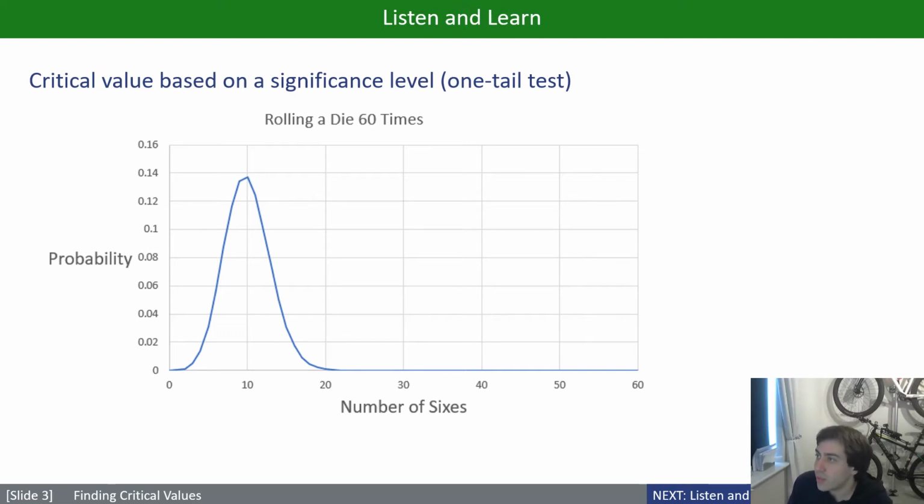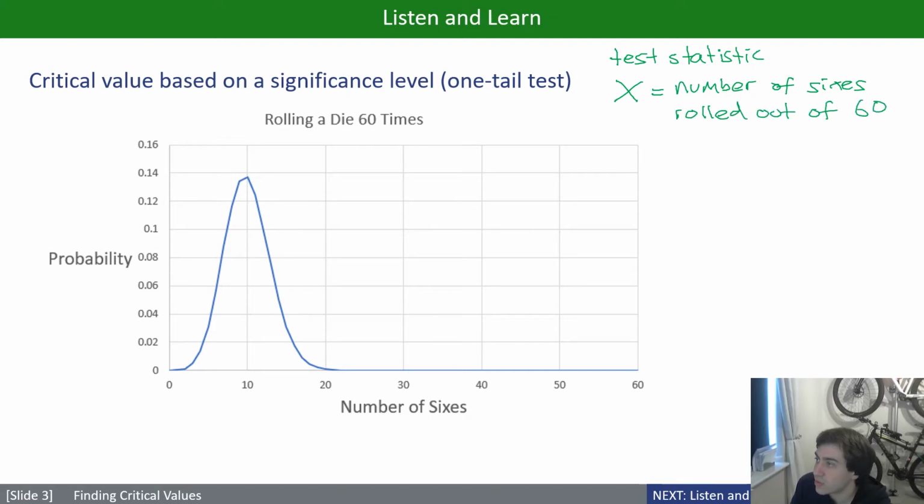So let's write that down first. Our test statistic, which I'm going to call X in this case, is the number of sixes rolled out of 60 die rolls.